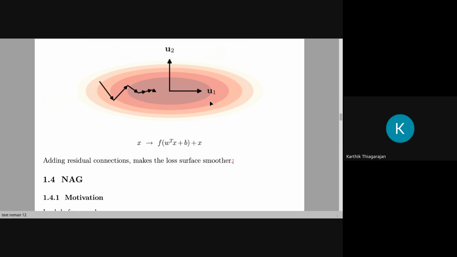Once the loss surface becomes smooth, it's very easy to navigate. Imagine a mountain with a very smooth terrain. Trekking will be easy, right? As opposed to a very rugged terrain where there are deep pits and valleys and cracks here and there. So smoothness helps in better optimization. That is the reason, apparently.